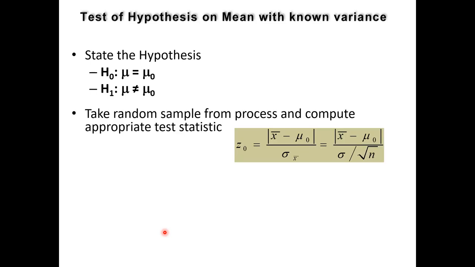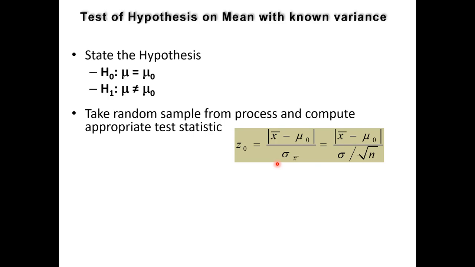Next, take a random sample from the process. You collect sample data, and then compute the appropriate test statistic. From the sample data, you obtain the value of x bar, and you can also compute the standard error for the sample.